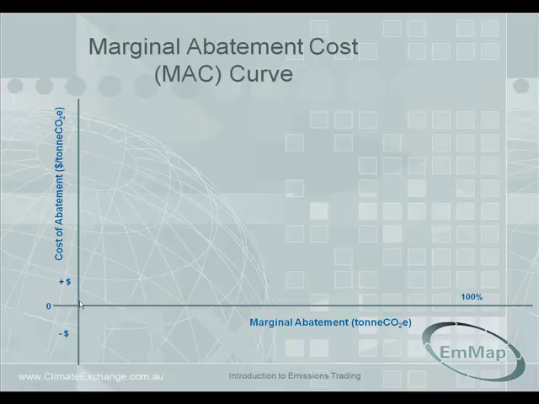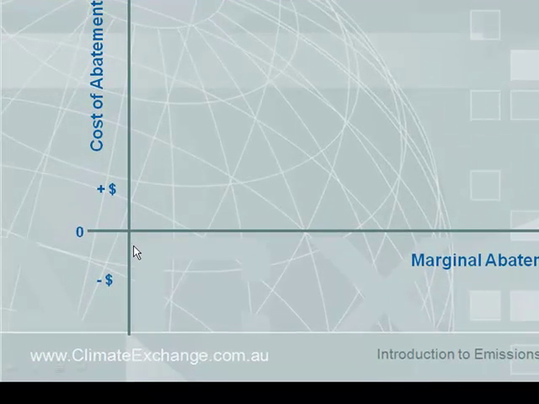The vertical axis is the cost per tonne that we're achieving that abatement at, and as you can see there's a negative cost per tonne and a positive cost per tonne. The reason for that is that the first or early pieces of abatement, which is often energy efficiency, is often done at a saving, because you're saving a fuel input or the cost of electricity, etc. Therefore we talk about it being done at a negative cost of carbon.